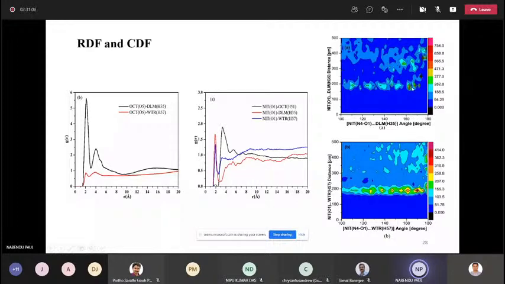So it signifies that there might be presence of hydrogen bonding between the Nitenpyram and DL menthol. Whereas in case of Nitenpyram and water, you can see at 2 angstrom it is having similar or high interaction, which signifies that Nitenpyram is having similar kinds of interactions with both the DL menthol, that is HBA, and the water molecules.